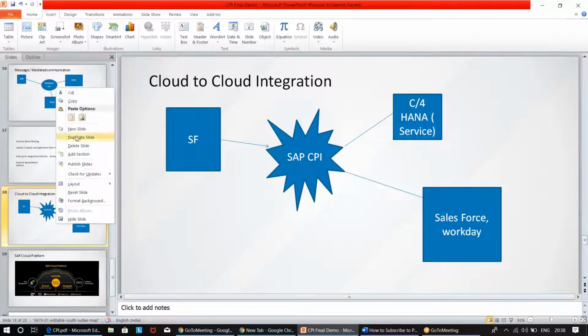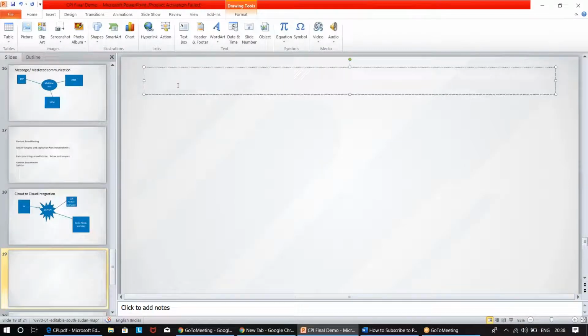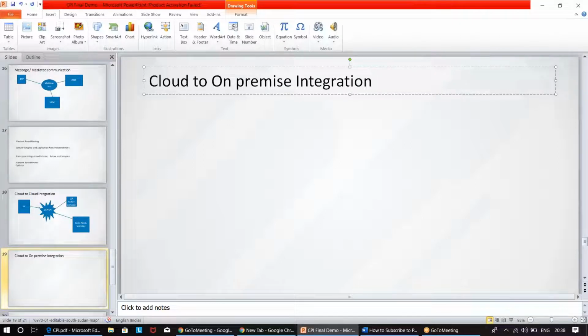So right now, next topic comes into cloud to on-premise. I think this is one of the most frequent use cases, and currently this is the only use case I see very frequently.